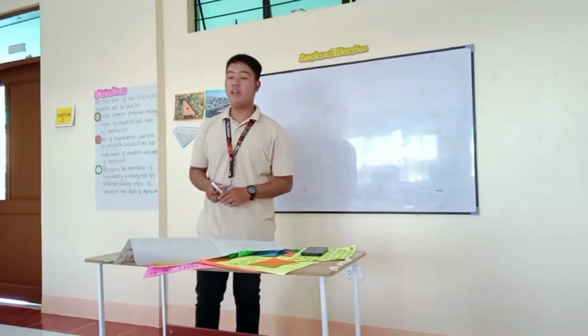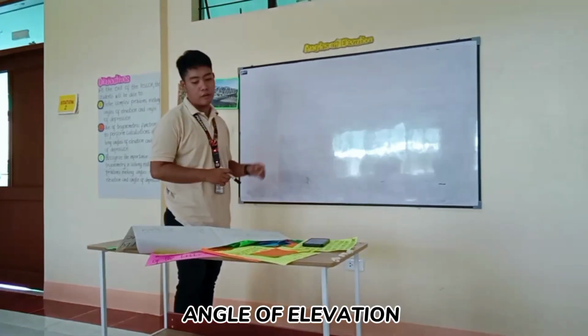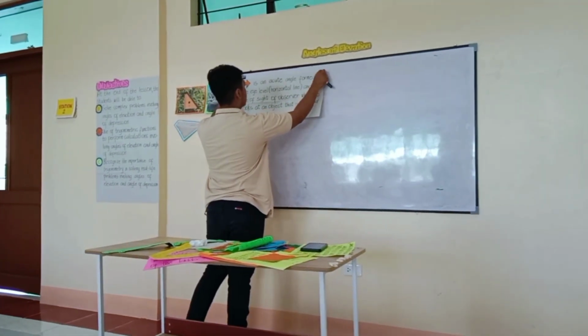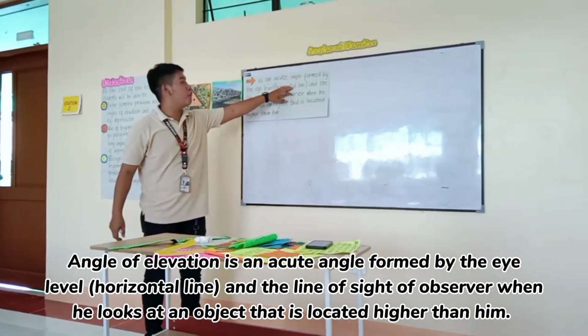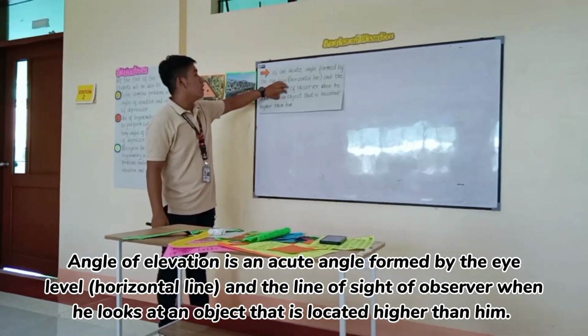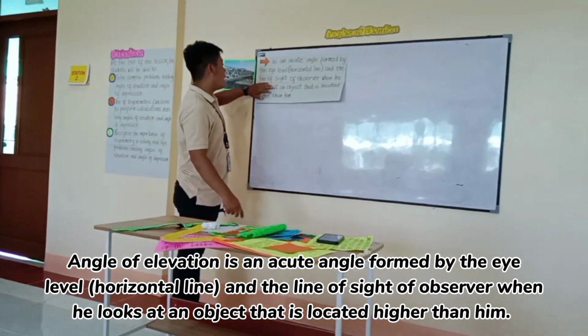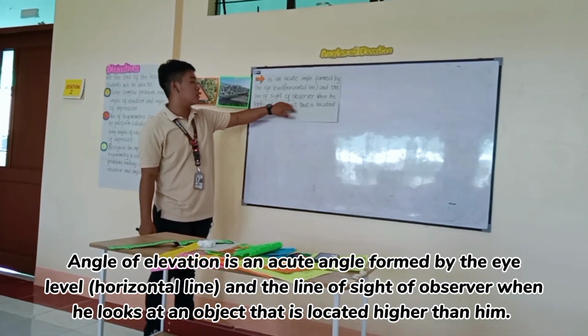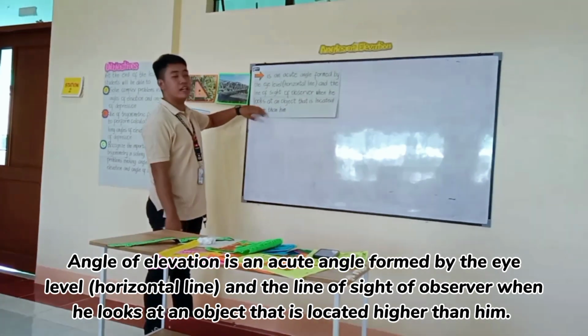This morning, our topic is all about angle of elevation first. So, angle of elevation is an acute angle formed by the eye level, horizontal line, and the line of sight of an observer when he looks at an object that is located higher than him.